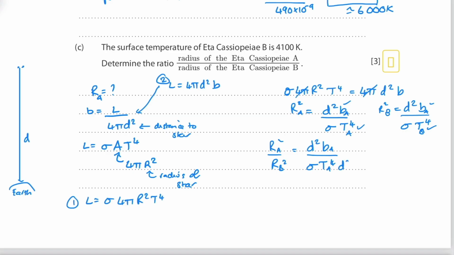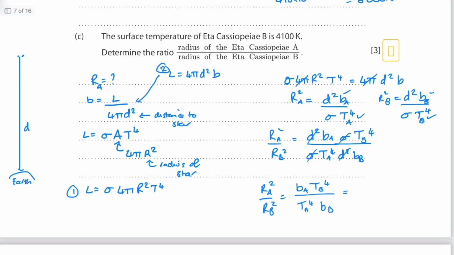So it's d squared Bb over, which takes it up to the top, sigma Tb to the 4th. That cancels out with that. That cancels out with that. And our Ra over Rb squared equals Ba Tb to the 4th over Ta to the 4th Bb.